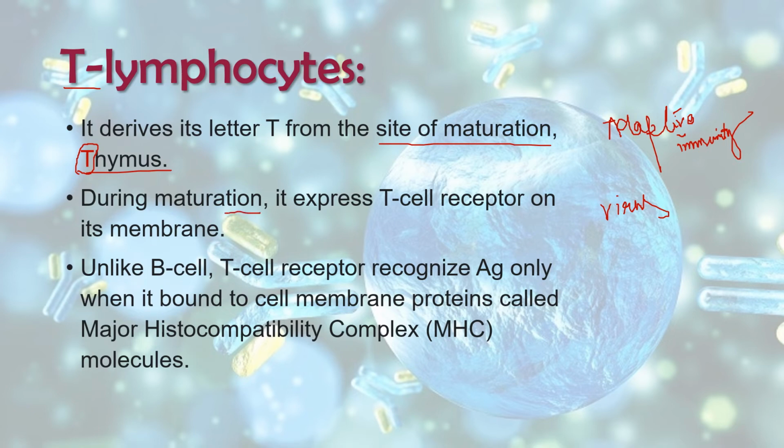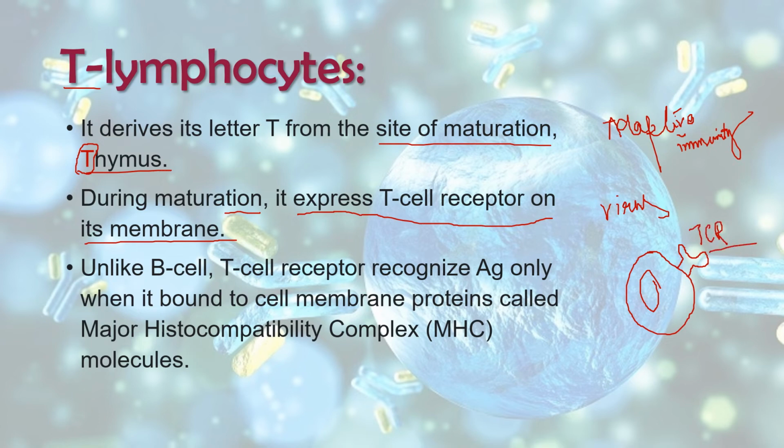During maturation, it expresses T cell receptors on its membrane. So suppose this is our T lymphocyte, okay, and it has TCR. This is known as TCR, which means T cell receptor.